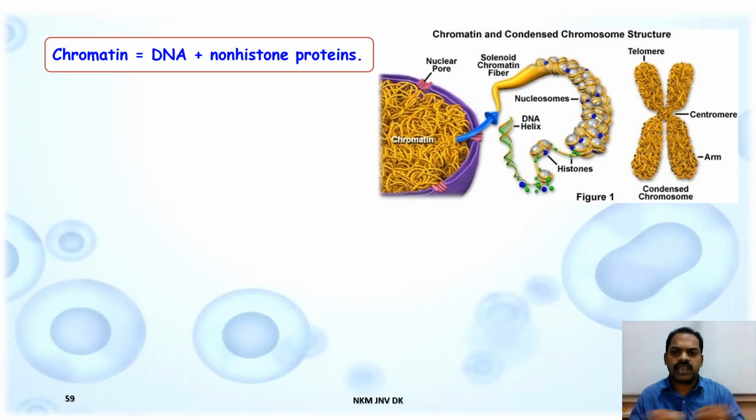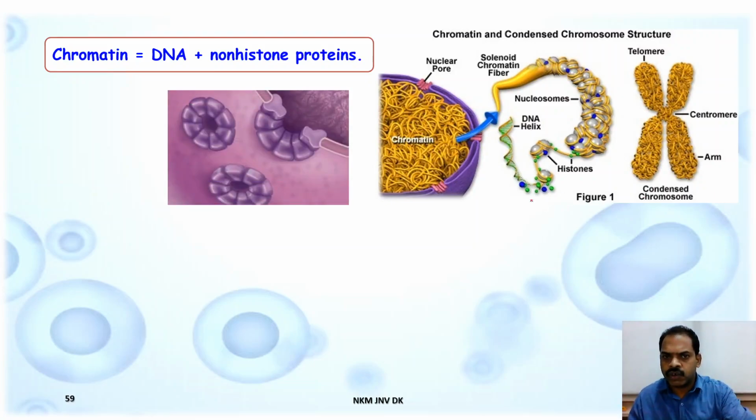If you stretch out the whole chromatin or whole DNA, it will go up to 2 meters long. So chromatin means DNA wrapped with histone and non-histone proteins.